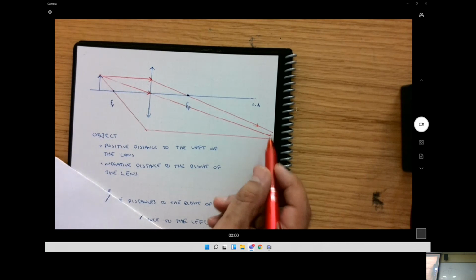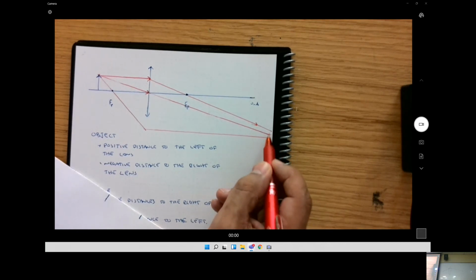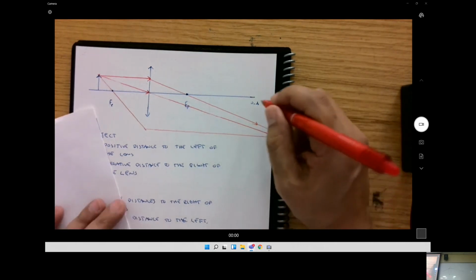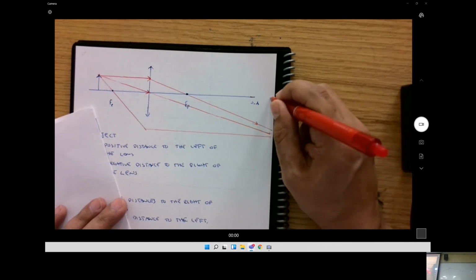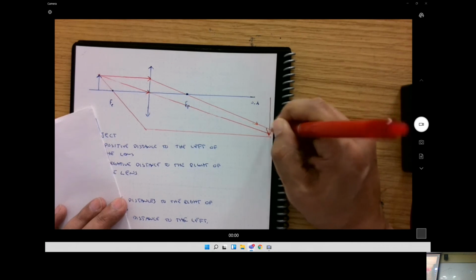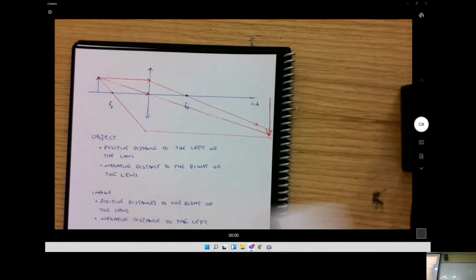Okay, now you can see that somewhere far away, these three beams are going to converge. And when they converge is when they create the image. So over here, we're going to have an image of my object.